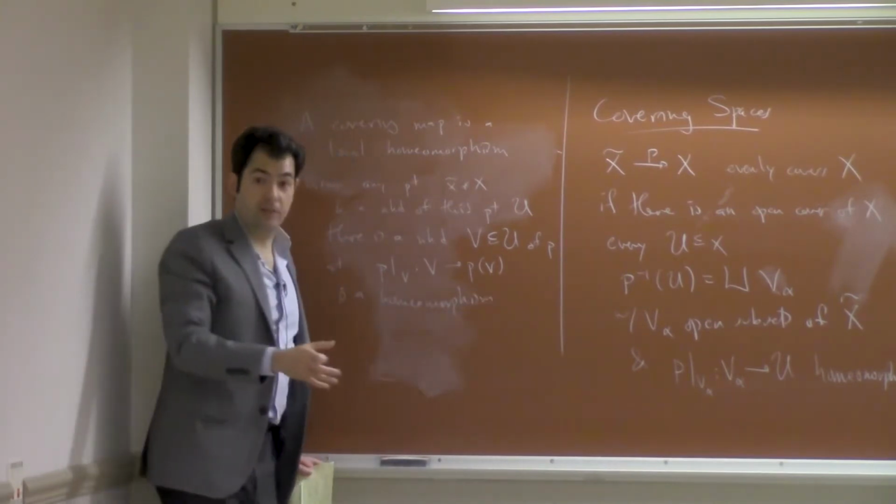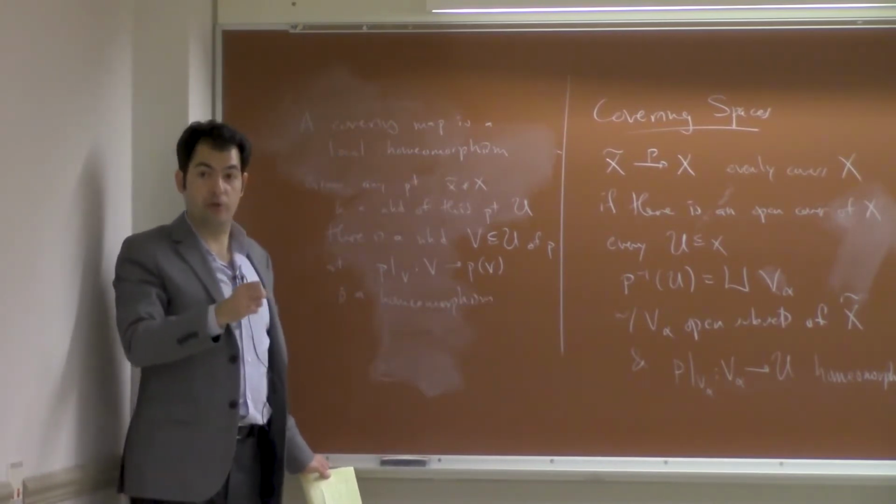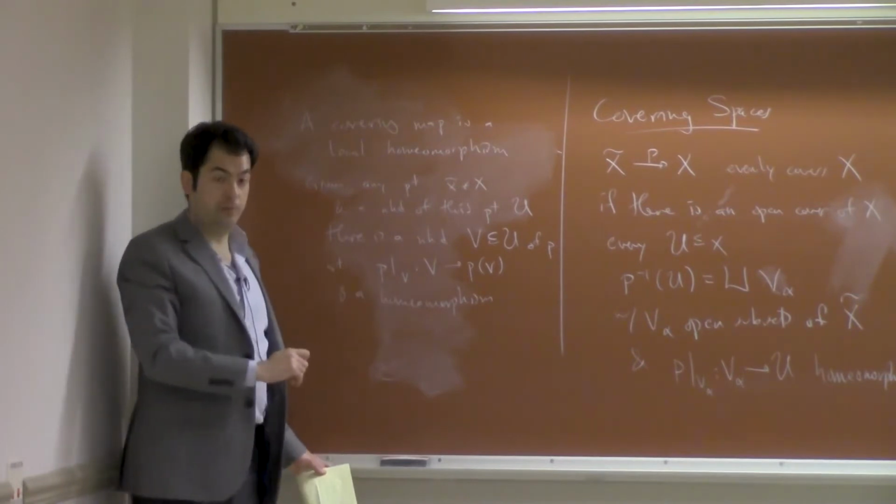Right? So again, for arbitrarily small neighborhoods, you get a homeomorphism.